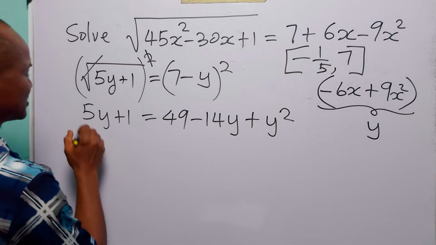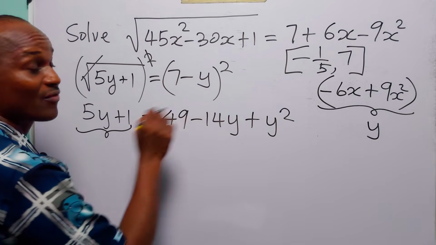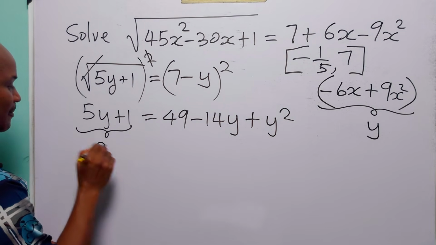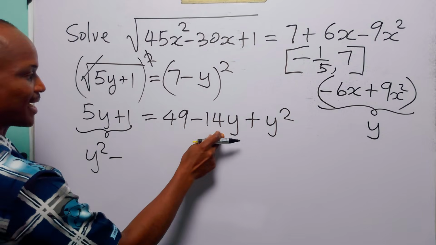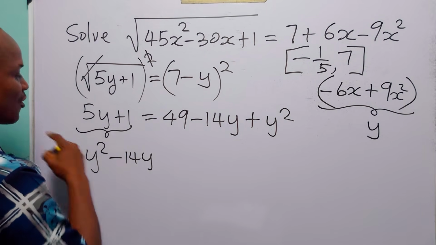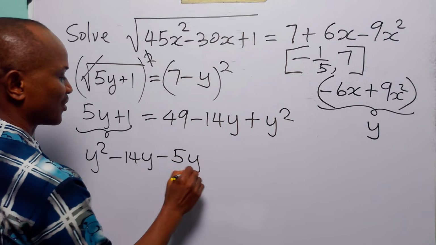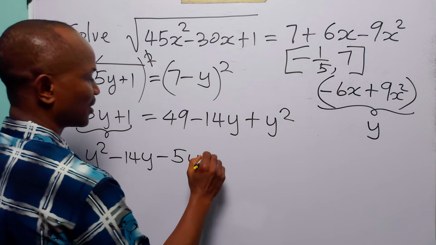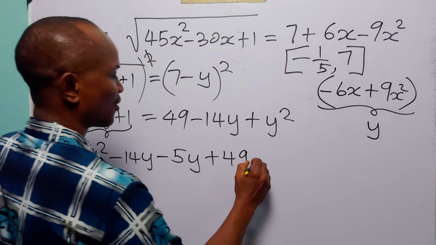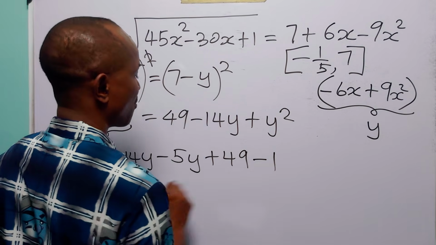Now, let us rearrange this. Let us move these two terms over to the right-hand side. We have y squared. We have minus 14y. And this goes over to become minus 5y. We have plus 49. This goes over to become minus 1.